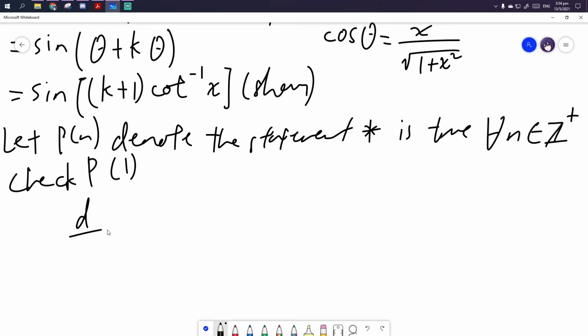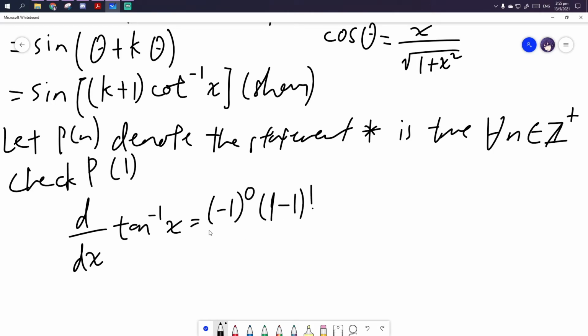So we have d dx of tangent inverse of x, and this will be equal to, based on the formula, give me 1 minute. Alright, based on the formula, this is supposed to be negative 1 to the power of 0 times 1 minus 1 factorial all over 1 plus x squared to the power of half, and this whole thing is multiplied by sine of cotangent inverse of x.